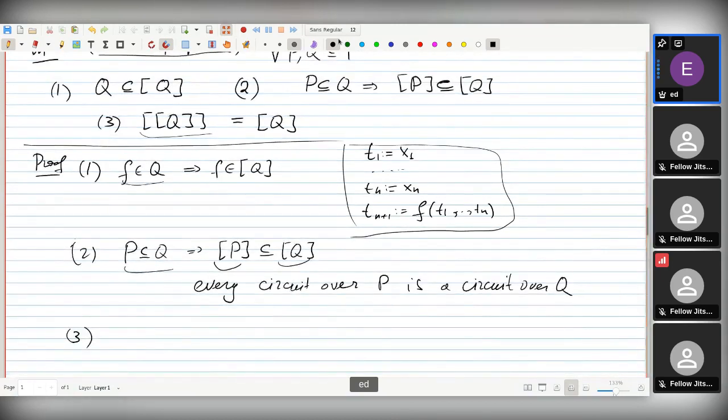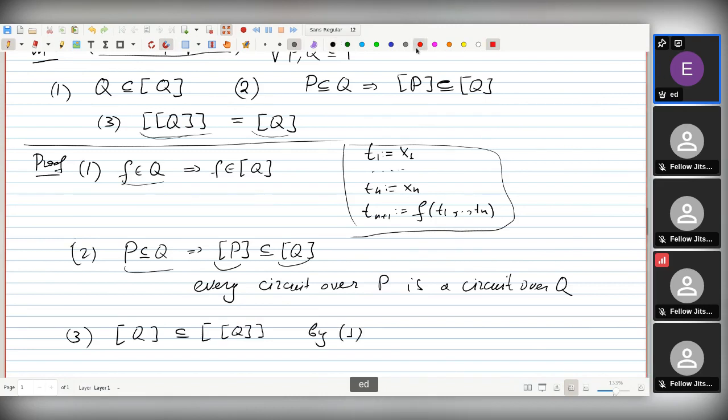So here we have set equality, which boils down to two set inclusions, two ways. Okay, this one is immediate, in fact, from our claim one.